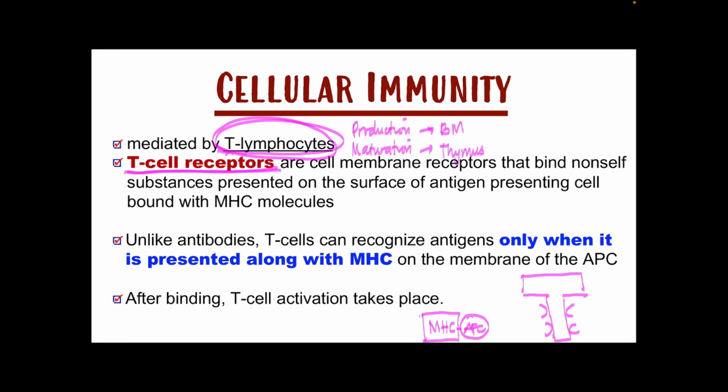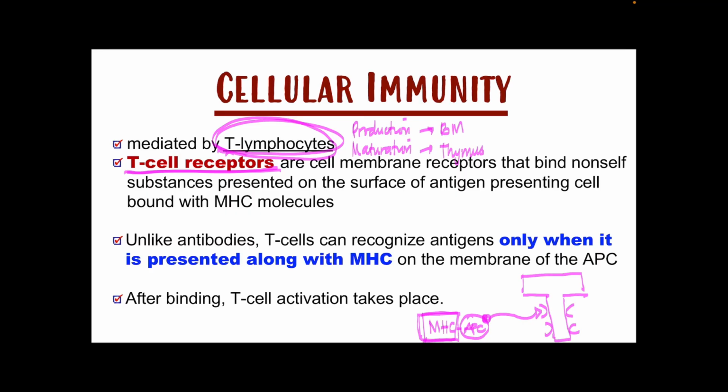The antigen that was processed by the MHC will be expressed by the antigen presenting cell, and this antigen presenting cell will present the antigen to the receptors found in the T lymphocytes. So that's the function of the receptors and of course the antigen presenting cells.